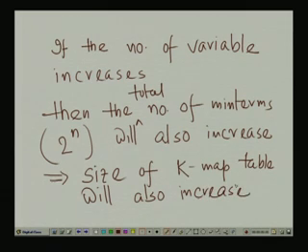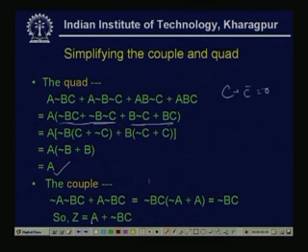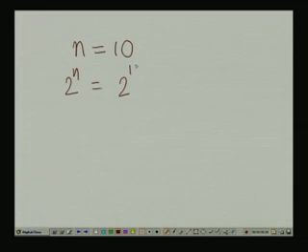Now, say if we take one example, if the number of variables n equals 10, then 2 to the power n is 2 to the power 10, and it will be 1024.